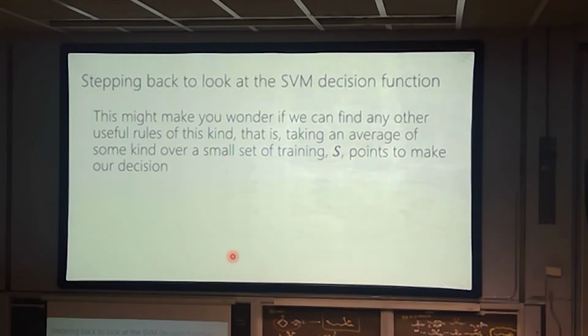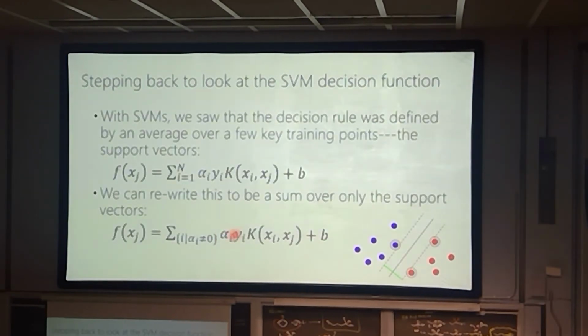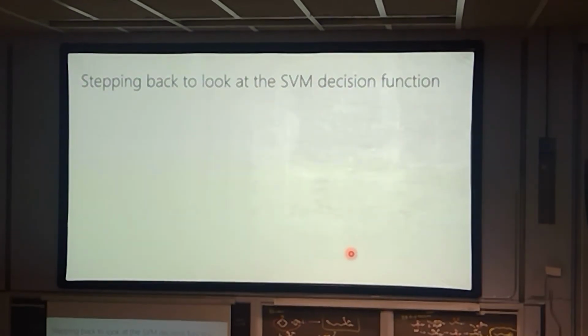So it might make you wonder, is there some other way that I can find a rule of this kind, that takes an average of some small set of training points to make a decision? At the end of the day, this is taking a few training points, checking how close they are to my test point, and then averaging based on the kernel distance and the supervised label, plus an offset term.